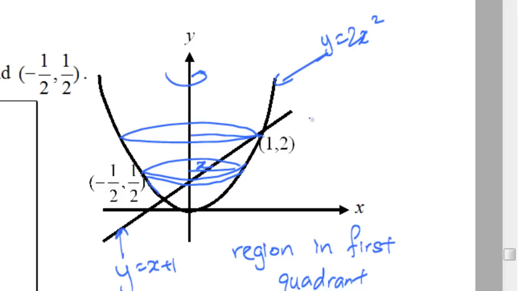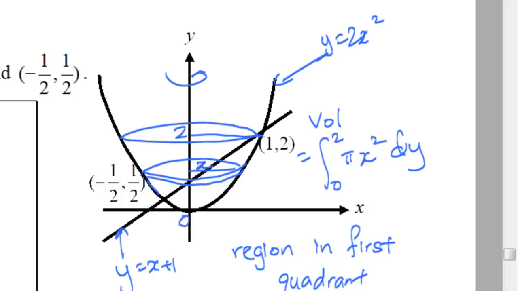So the volume of this big solid will be the integral of pi r squared dy. So the r is x, so pi x squared dy, and the values of y start from 0 all the way to 2. So it'll be from 0 to 2.